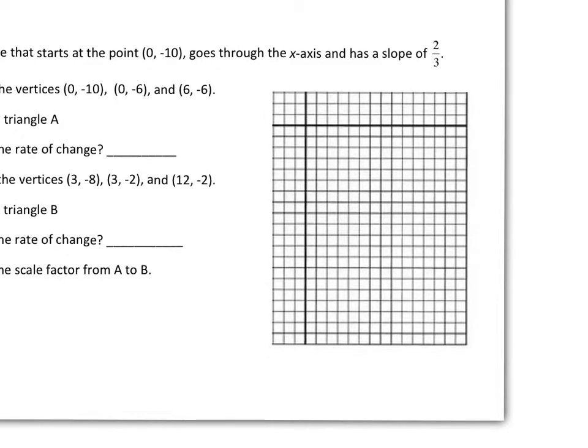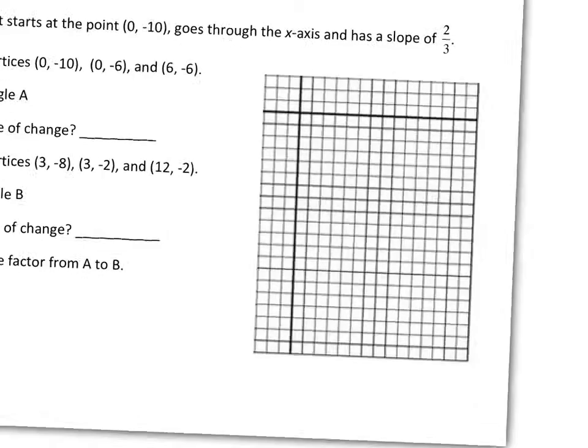So that means we're going to take -10 and go up 2, right 3. Zoom back in. We're going to go up 2, right 3, put a dot. Up 2, right 3, put a dot. And we're going to do the best we can to draw a straight line.